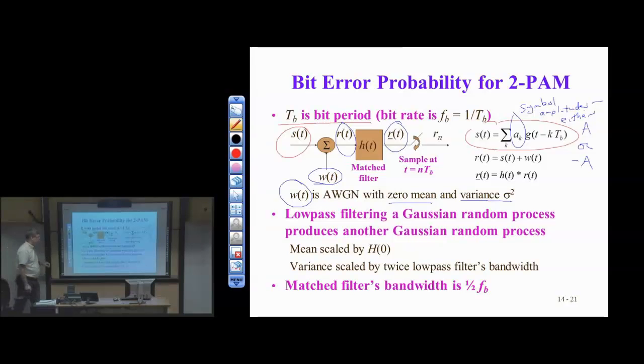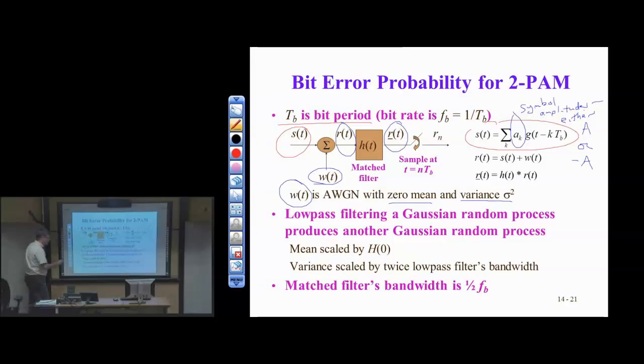So if I low-pass filter a Gaussian random process, for example, W of t, this will produce another Gaussian random process. How cool is that? Don't have to worry about changing distributions. But the parameters of the distribution change. For a Gaussian distribution, we have two parameters. We have the mean, we have the variance.